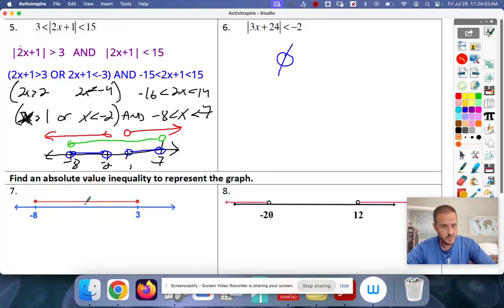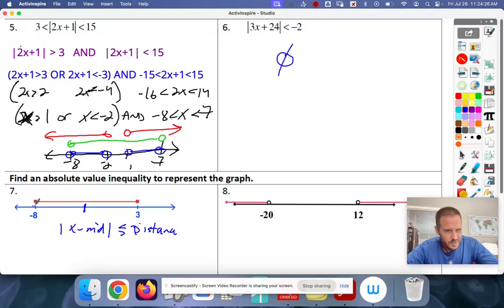Okay. And then finally, find the absolute value to represent this graph. You need to start with the midpoint, because then this is the distance that we need to be less than. So it's like the absolute value of x minus the midpoint is either less than or greater than, depending on what we're dealing with, greater than over here, less than over here, whatever the distance is to the endpoint.